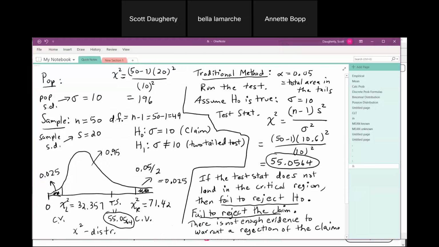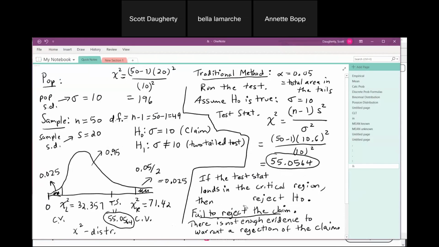Then the test statistic is above 71, right? So that would land in this critical region at the top up here. And so then you would reject the null hypothesis, because if the test statistic lands in the critical region, then you reject the null hypothesis.